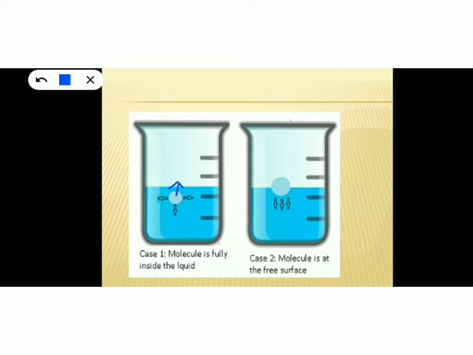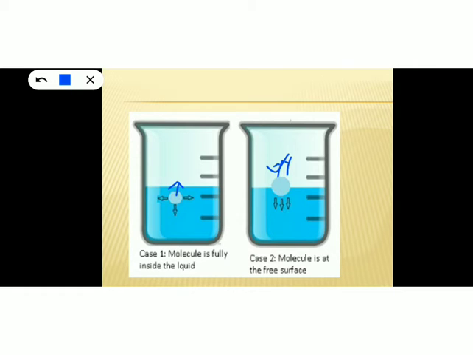Now if you consider this molecule which is on the surface, we can see that the molecule is partially inside the liquid and partially it is out of the liquid. So here this molecule experiences a net downward force, because above this liquid there are no water molecules to exert the force of attraction. So this molecule on the surface will experience only a downward force.